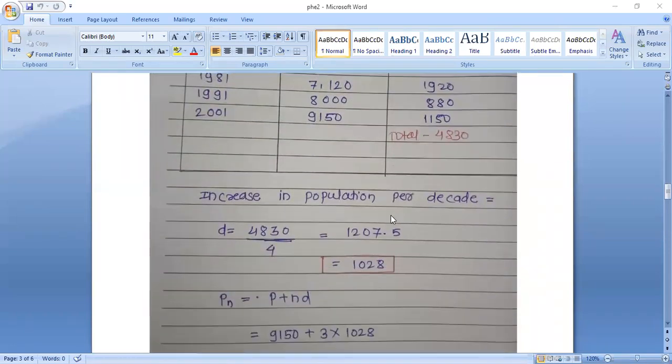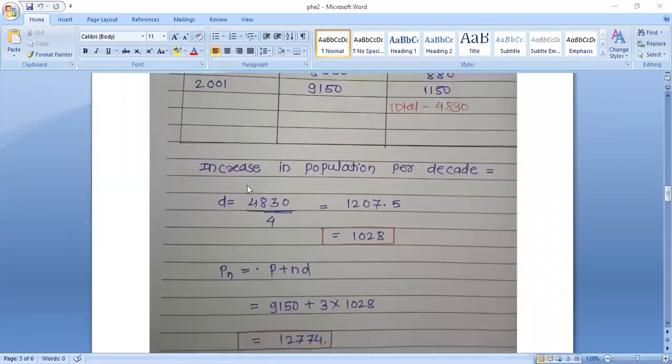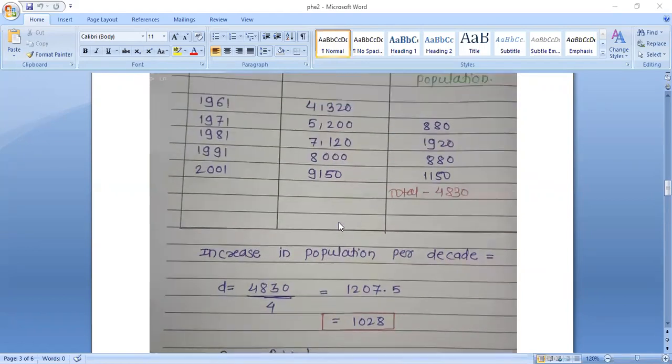880. Now we have to find out the increase in population per decade. The increase in population per decade, D, is equal to the total of all these increases in population divided by the number of decades. There are 4 decades: 1, 2, 3, 4.